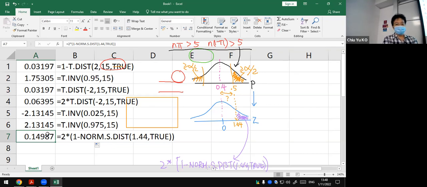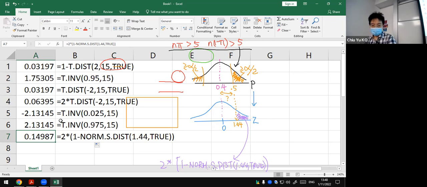And the reason for the 1 minus is that Excel only gives you the area to the left. So that is the reason. Is that clear? So from this, you can't really reject, because it's not less than 10%, nor less than 5% or 1%.